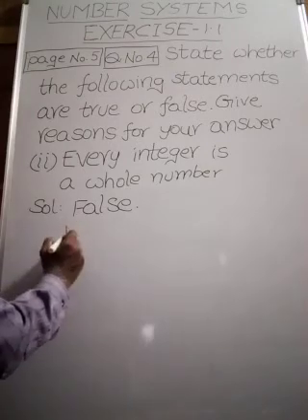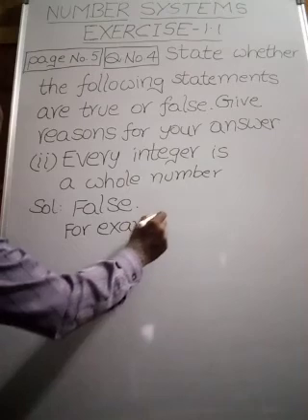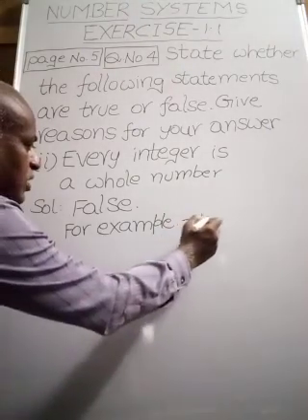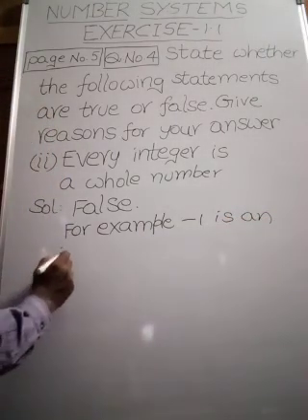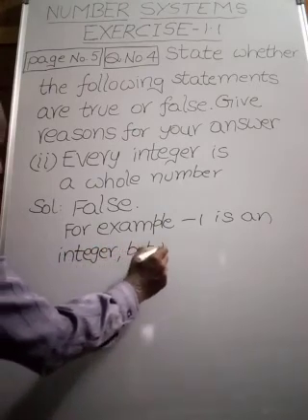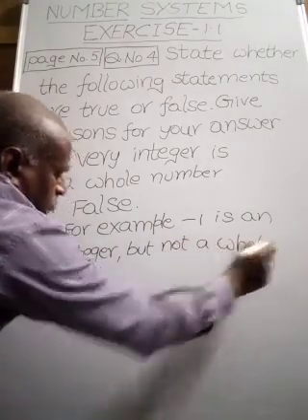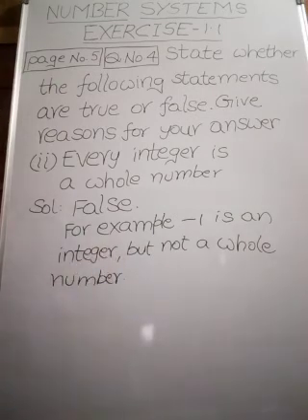For example, -1 is an integer, but it is not a whole number.